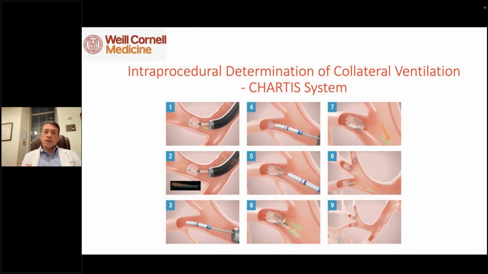The balloon has a little green tip, which is a flow sensor, and by occluding the target lobe and being able to measure flow, you can better understand whether you have collateral ventilation present or not.